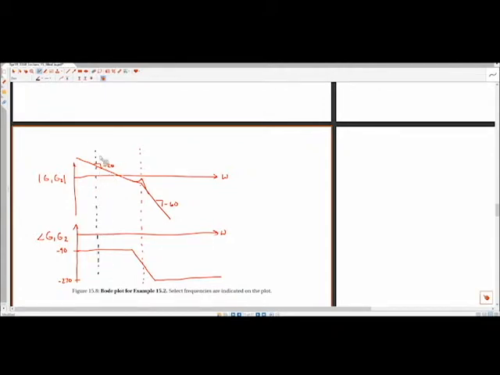All right, we'll look at a low frequency. We'll call this omega A. We'll look at a medium frequency. All right, we'll look at a frequency right at the natural frequency. And then frequencies above the natural frequency.